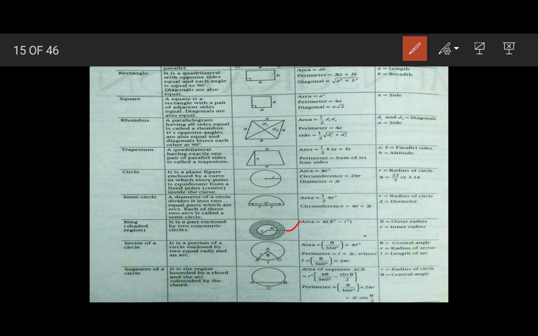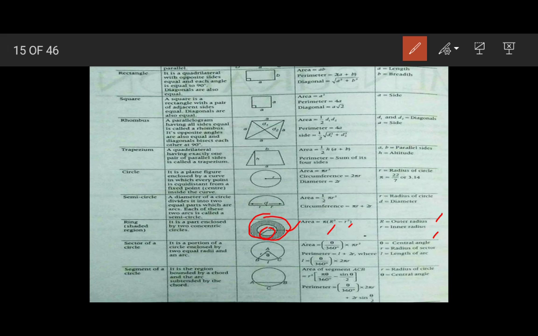So area is pi into capital R square minus small r square, where capital R means radius of outer circle, small r means radius of inner circle. Okay, R is outer radius and small r is inner radius.